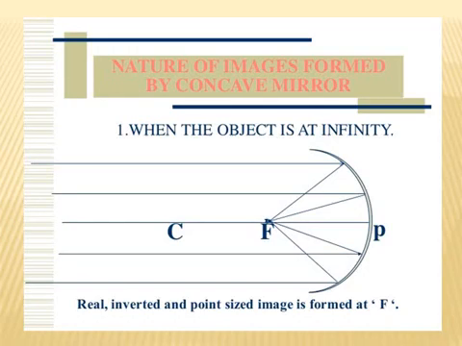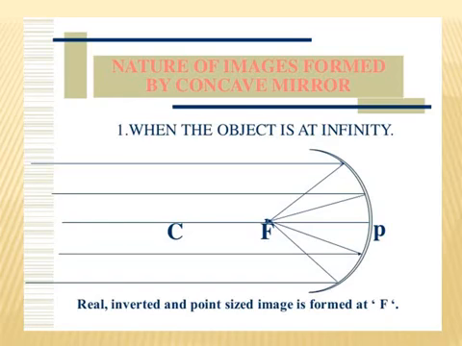And it is real. We have already seen what a real image is: if the image is formed on the left side itself, on the reflecting surface side, then it is real. Then inverted and point size. So these are the nature of the image.